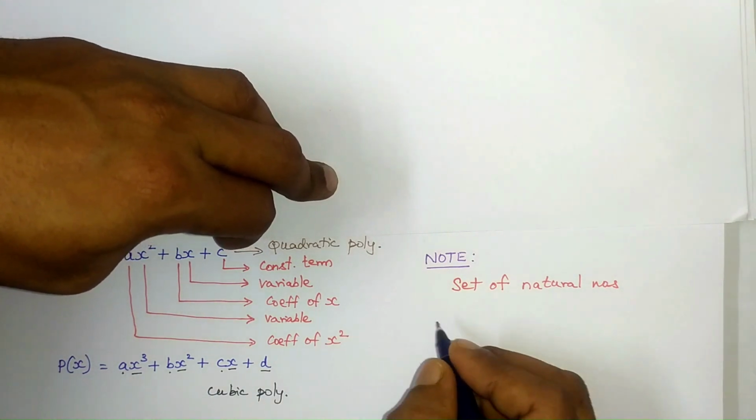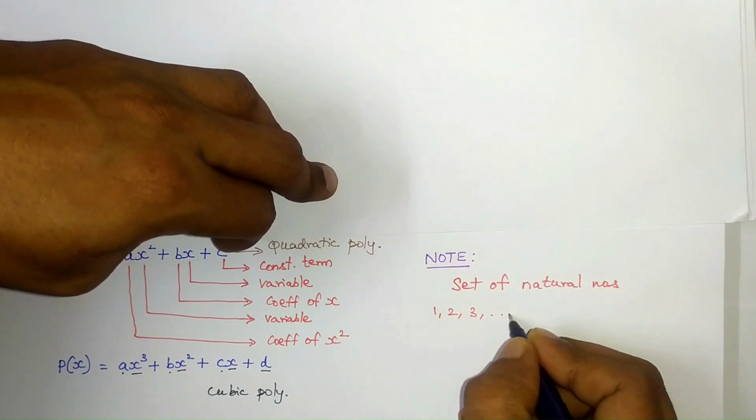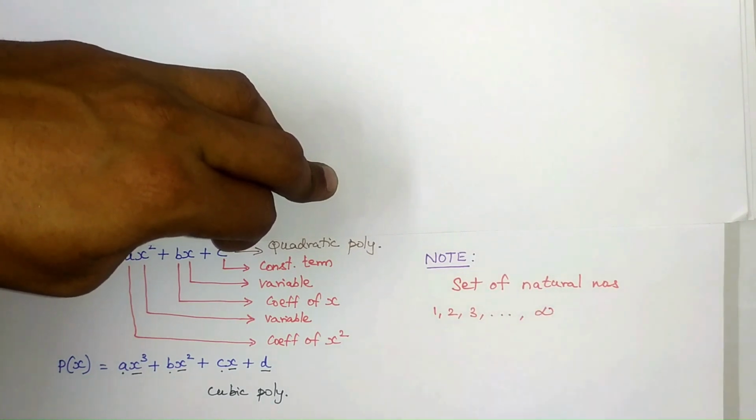The degree is 1, 2, 3, and so on up to infinity.